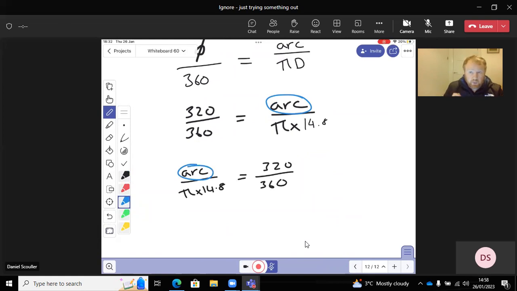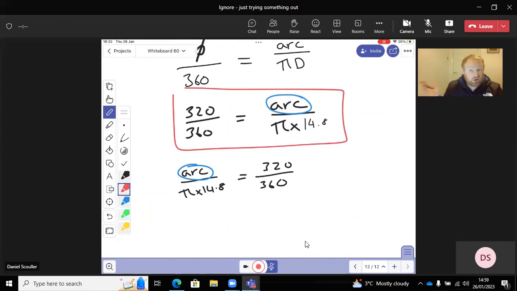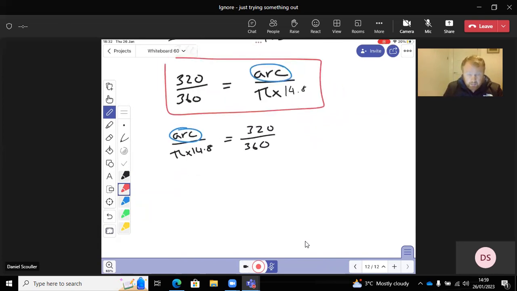Remember, we want our unknown on the top of any fraction on the left hand side. That's just a neatness thing. You can leave it like this, it's not a problem in the exam, but your unknown's just going to be on the right hand side. So it'll be something equals arc, exact same. Don't worry too much about that, but remember with that equal sign, we can just flip it round.